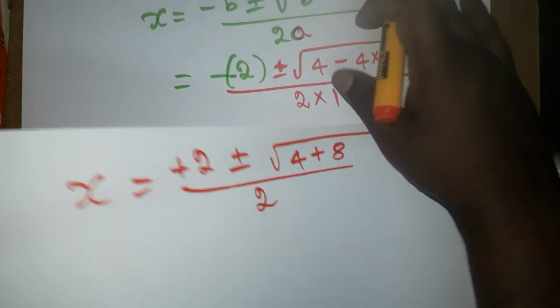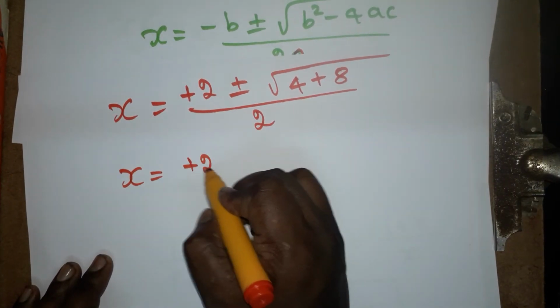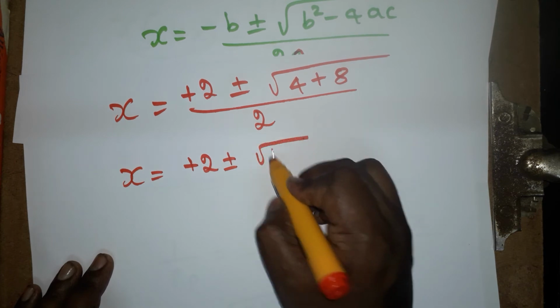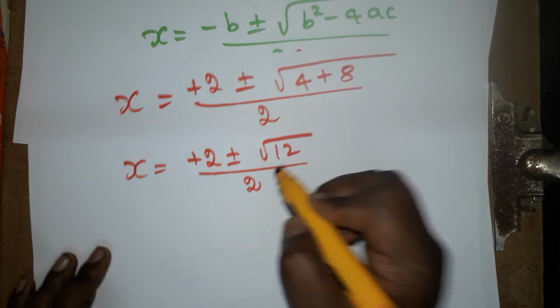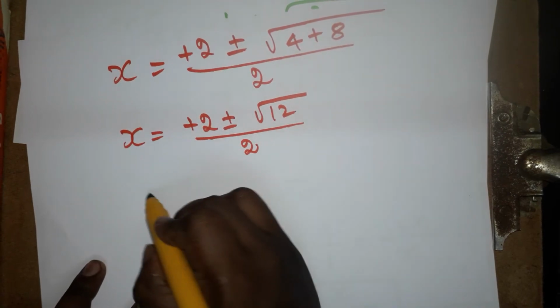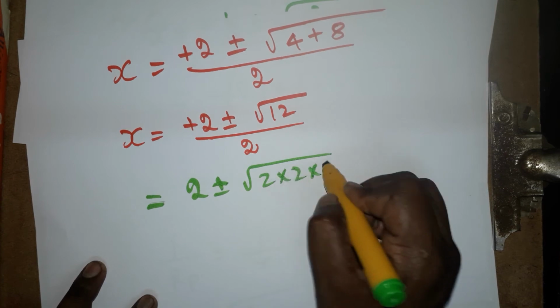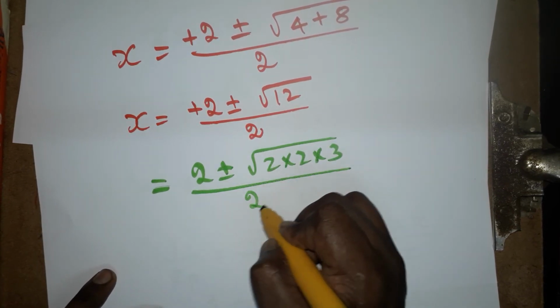So x is equal to 2 plus or minus root of 12 divided by 2. Instead of writing 12, you can write it as 2 into 2 into 3, divided by 2.